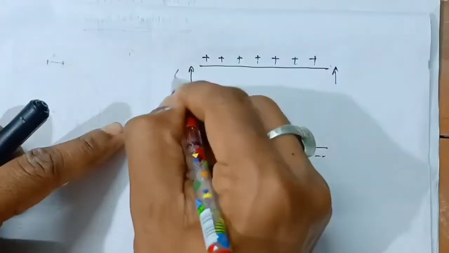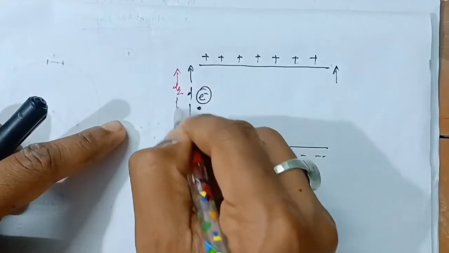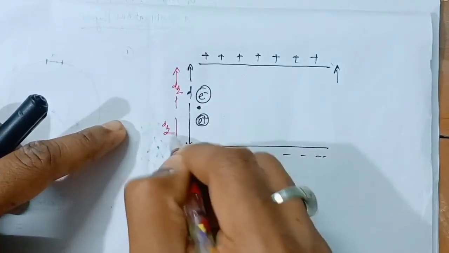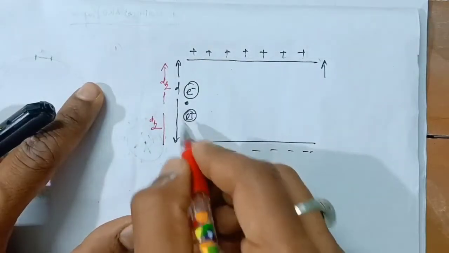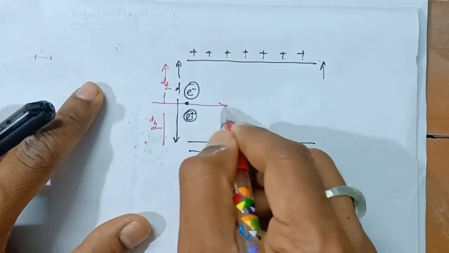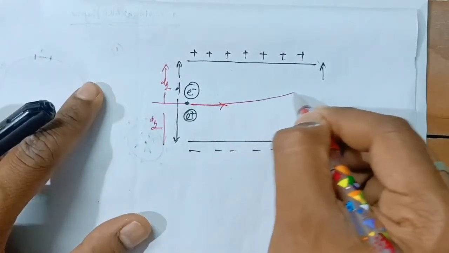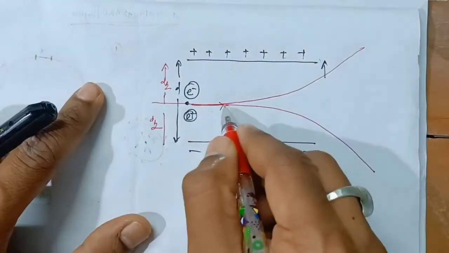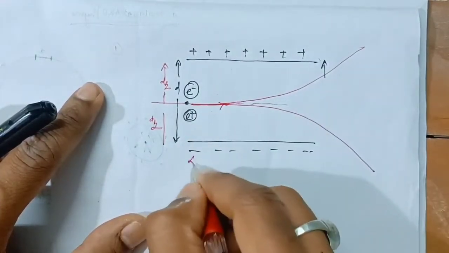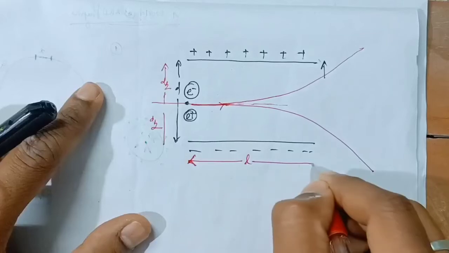Exactly at the middle means this distance is d by 2 and this distance is d by 2. The electron and proton are projected. The electron will go like this and the proton will go like this. This length L is given.